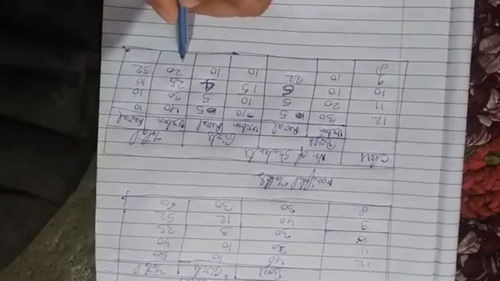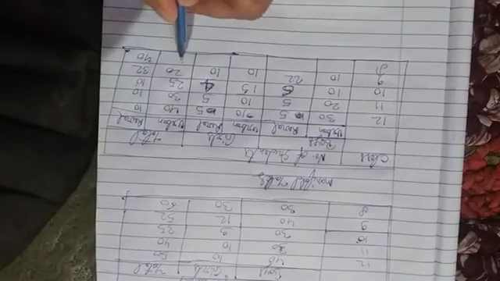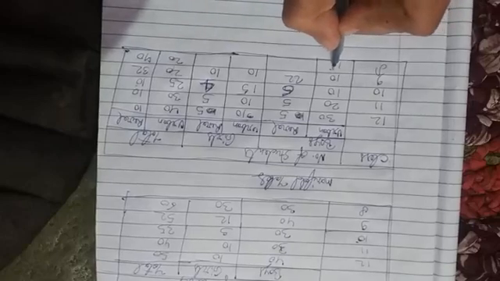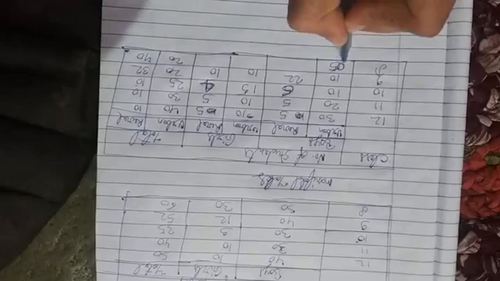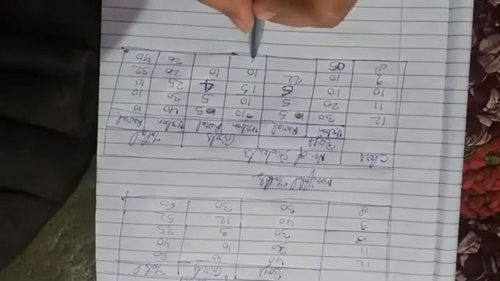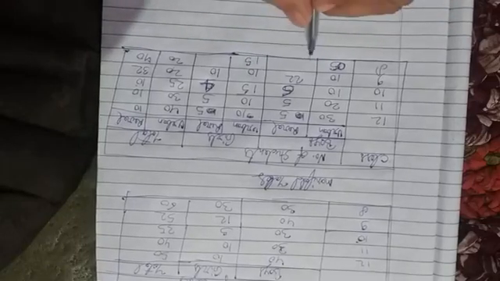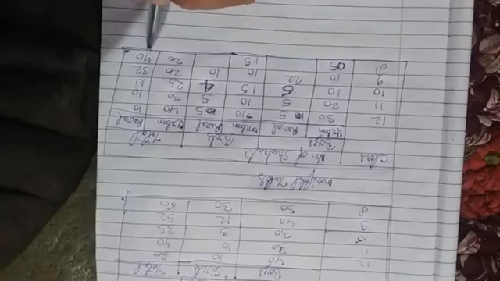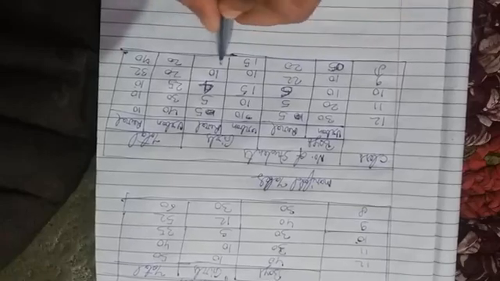Then we have 60 students, 40 from rural area and 20 from urban area. Maybe 5 boys and 15 girls from urban area. In the same way, we have 40 students from rural area, 20 boys and 20 girls. So these types of tables are called manifold tables, in which data is collected into many different categories.